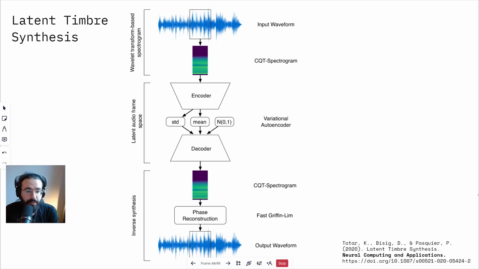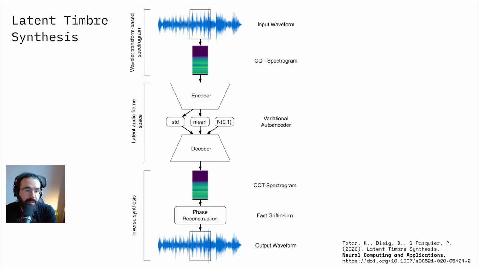We can use variational autoencoders in musical applications as well. In this work, titled Latent Timbre Synthesis, we are training a variational autoencoder on a specific type of spectrogram representation called constant Q transform.